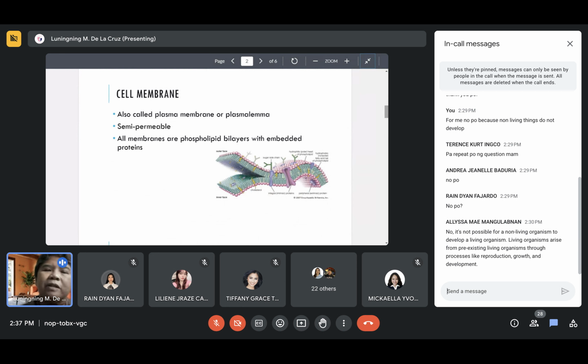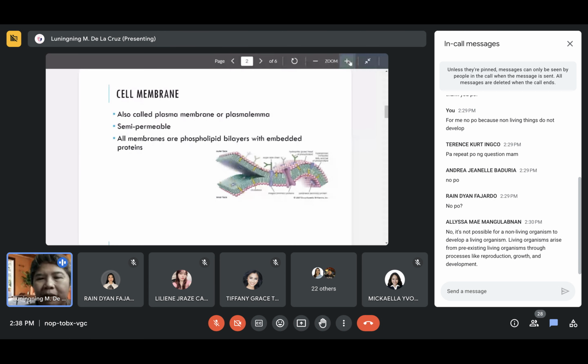As we mentioned earlier, the cell membrane is semi-permeable, which means that it is very selective in all the substances that pass through it. Now, aside from being a semi-permeable membrane, it is composed of a phospholipid bilayer with embedded proteins.